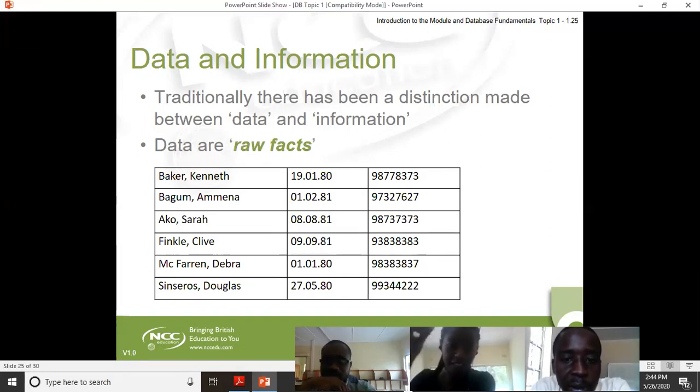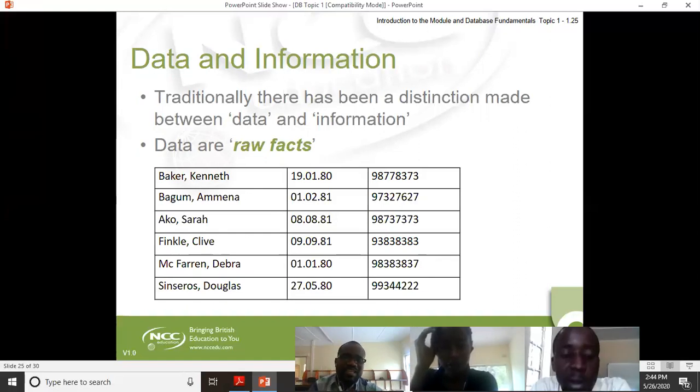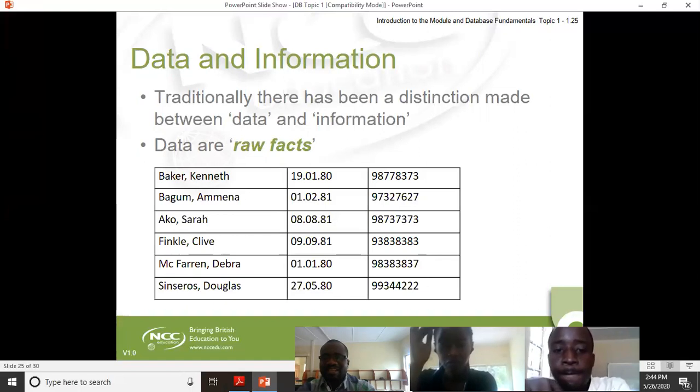The date of birth and the names are not put the way it's supposed to be, like alphabetically. Okay, at least you even know that's date of birth, but it's not organized. Because if you just put 19018, what is that?